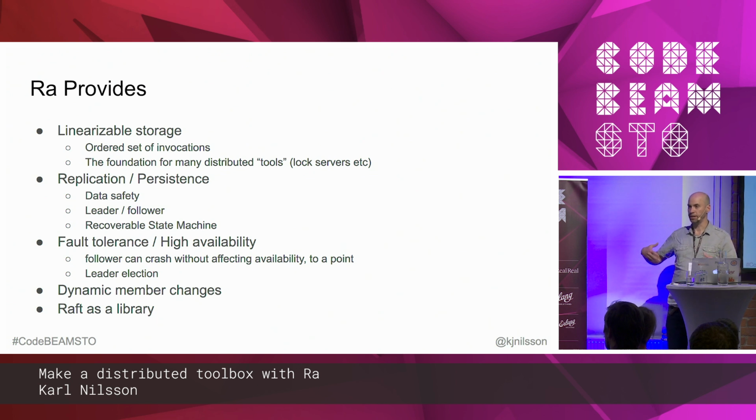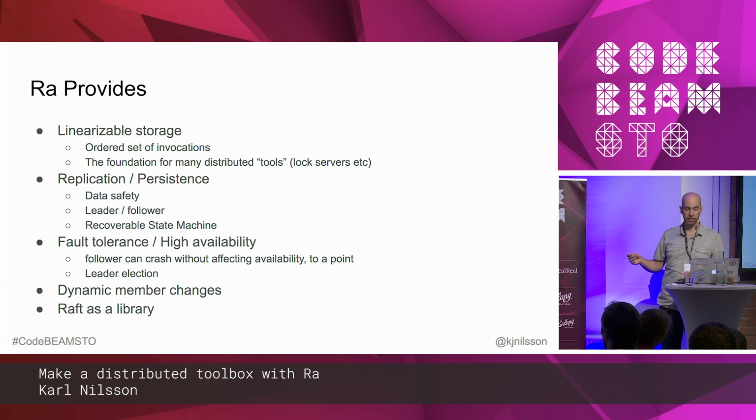The log is on multiple nodes, and it can be recovered from disk if a process crashes. We have fault tolerance or high availability, so a follower can crash, like we saw in the previous example. That could be a crashed follower or an unavailable follower, without affecting availability of the cluster to process commands up to a point. Obviously, this point is the strict quorum.